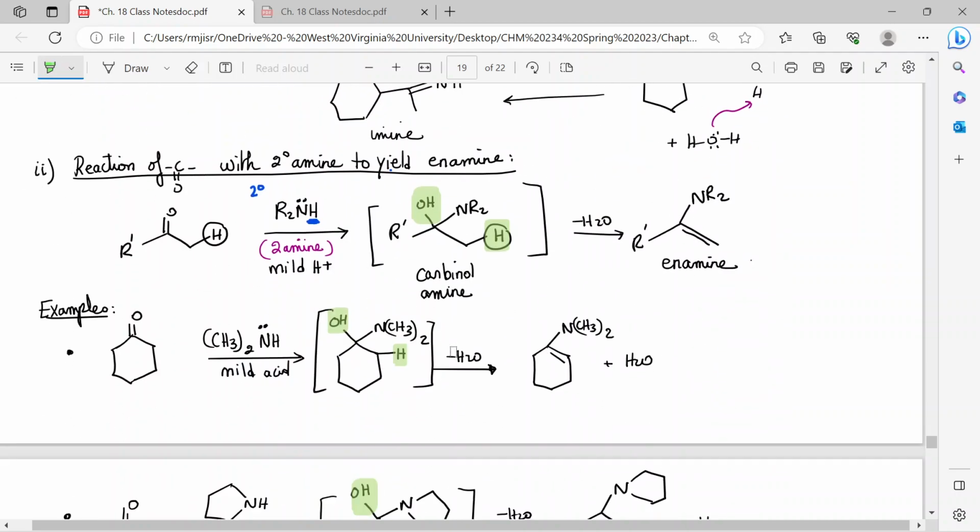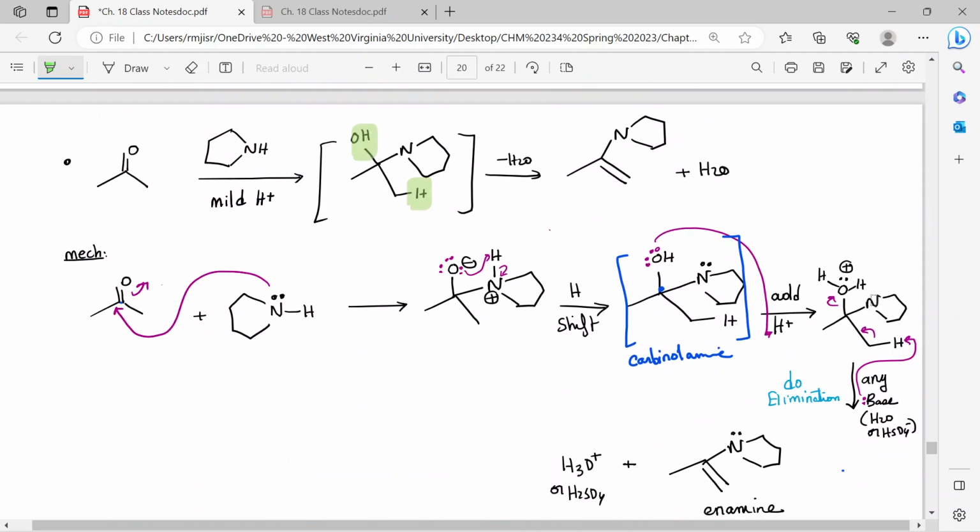I could do this. But here, no, because if I form a double bond in here and kick out the water, the nitrogen here has no hydrogens to lose. So I'm going to be stuck with the positive charge on the nitrogen, so my product will not be neutral. This means that the elimination cannot happen between this carbon and this nitrogen.